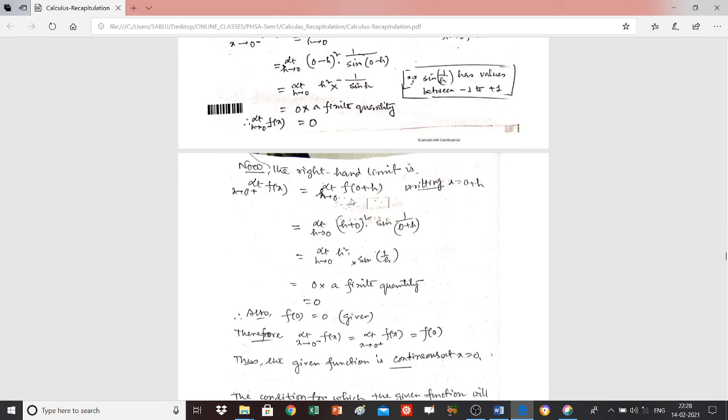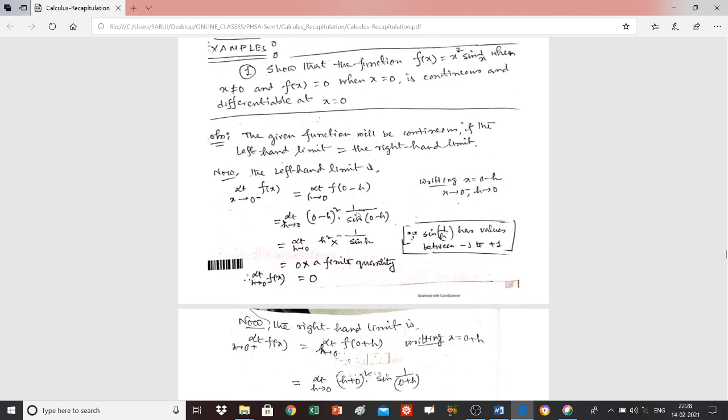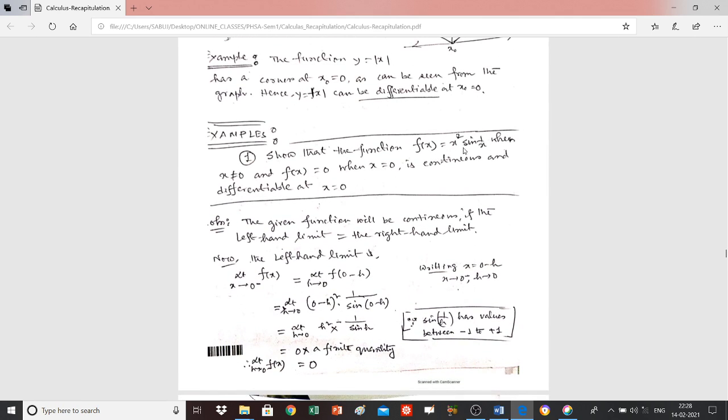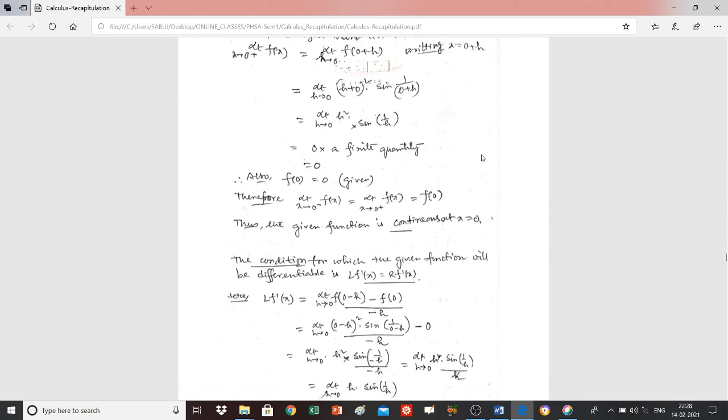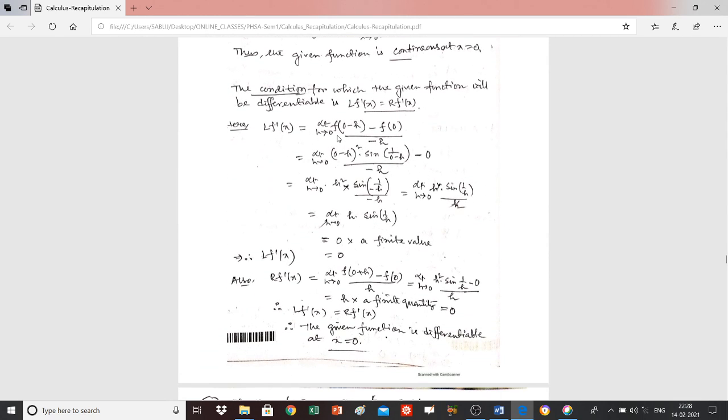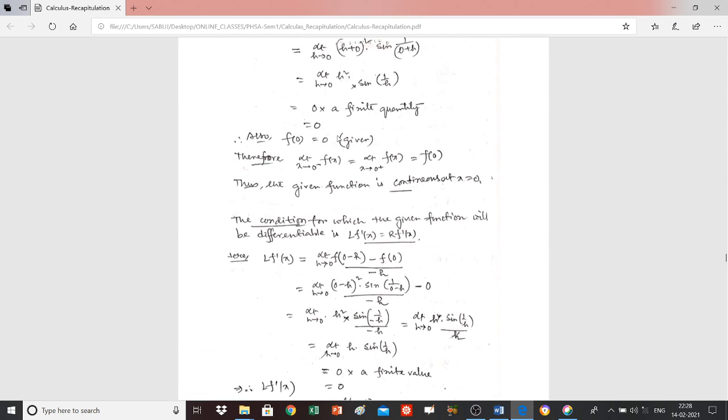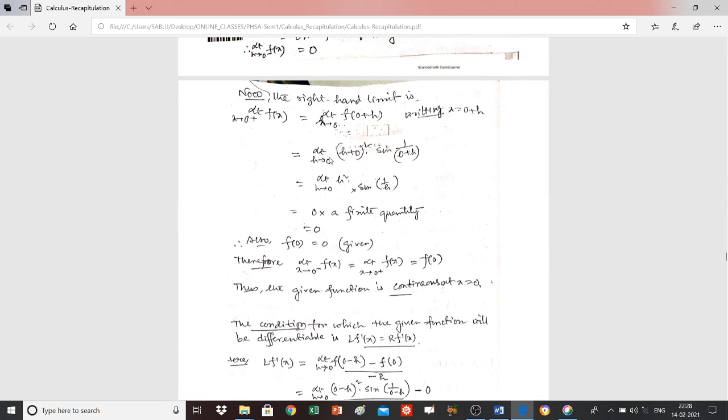And now the right hand limit, x tends to 0 plus of f(x), can be written as limit h tends to 0 of f(0 plus h). In this case also, since x is not equal to 0, you have to adopt the value of f(x) as x square into sine 1 by x. That is also calculated here, and in this case 0 into a finite quantity is equal to 0.